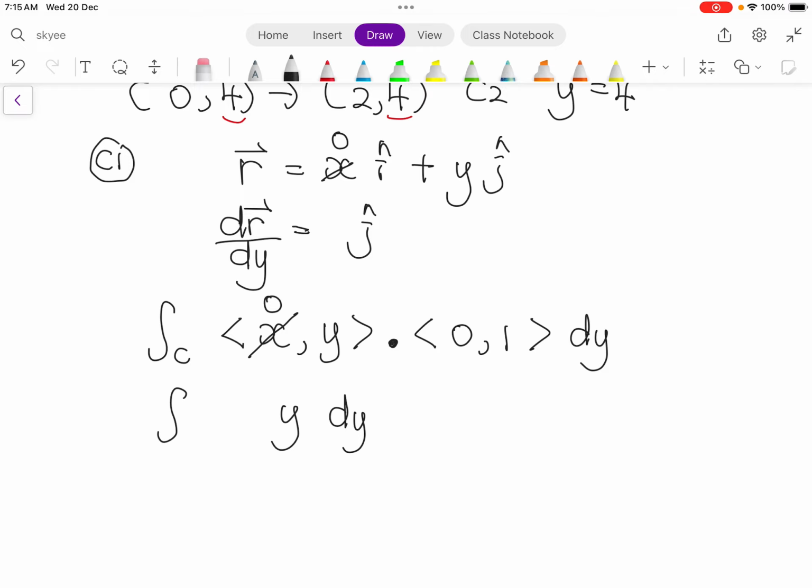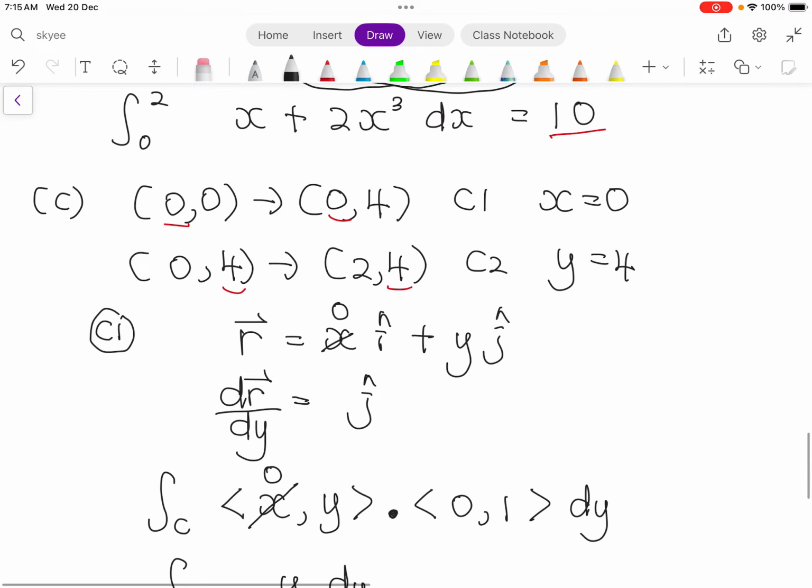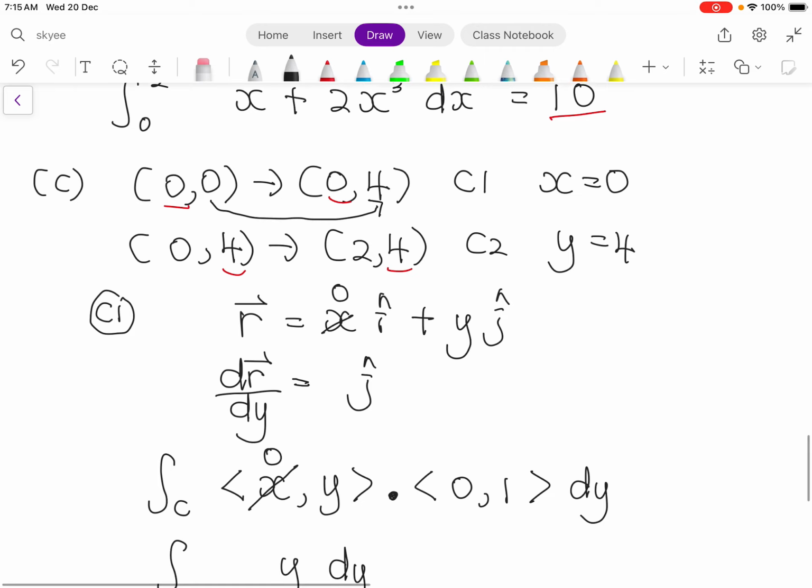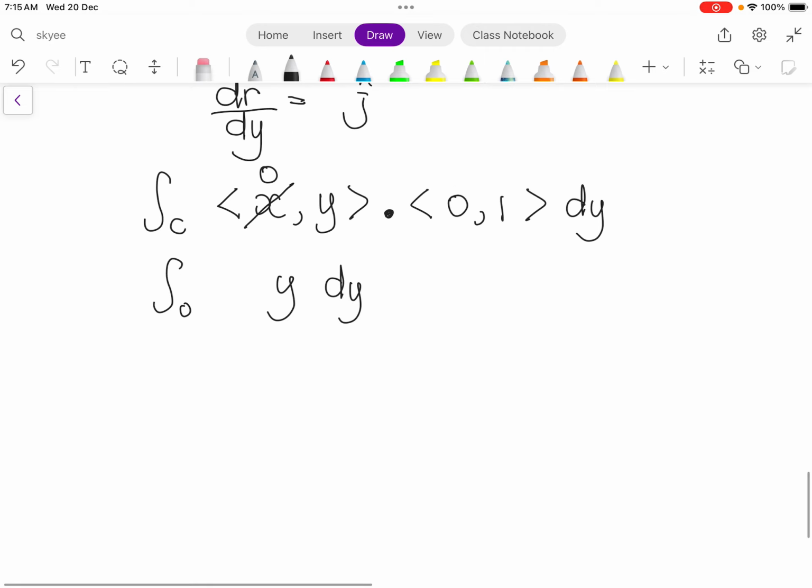You can see y is changing from 0 to 4. So you can calculate the answer, 0 to 4. It is equal to 8.